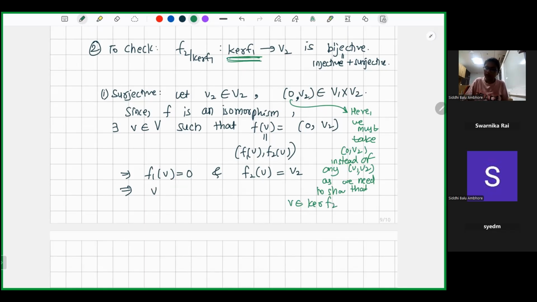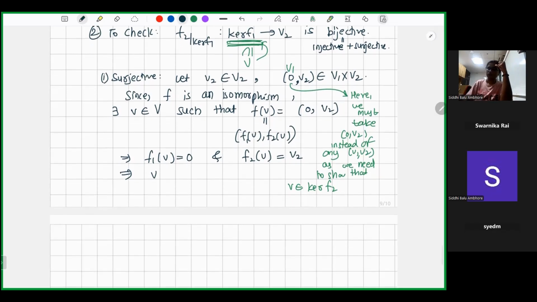Now this is in the kernel of F1 and not in V; it is properly contained in V. If you take any element V1 here, then we can show that there exists some V such that F2 of V is V2, but that V will be in my space V. But I want it to be in the kernel of F1, which is a subset of my original space V. So to have this condition, this V will belong to the kernel of F1 and F2 of V is V2.